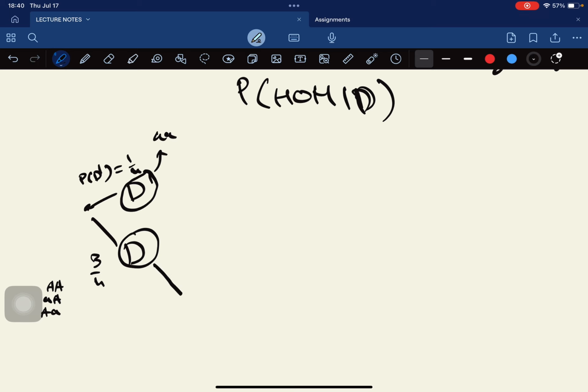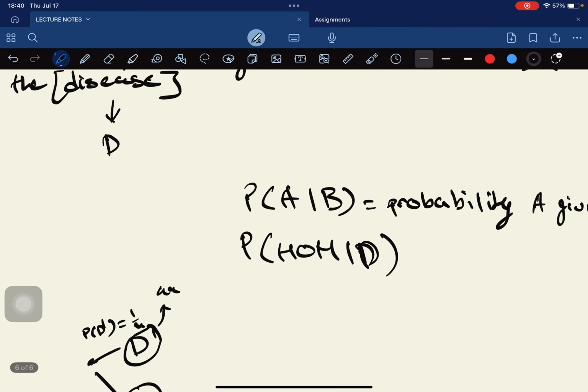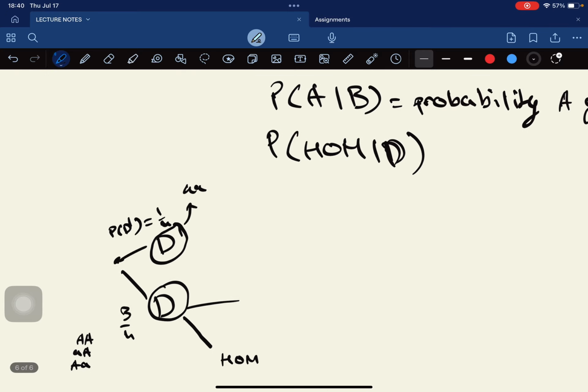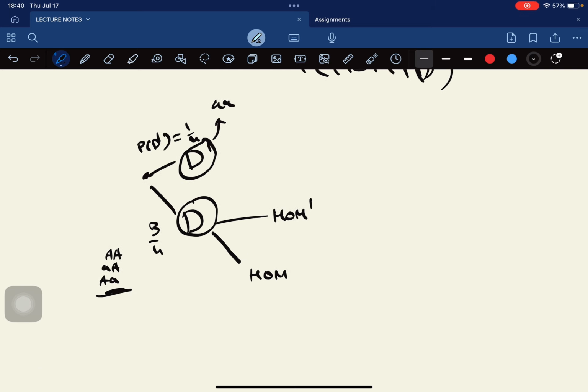So with the disease, remember the formula that we did before. HOM, homozygous mutant, or not a homozygous mutant. Remember, there's only three of the values that we get.